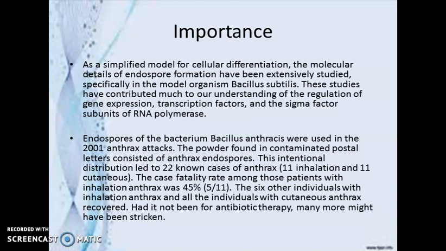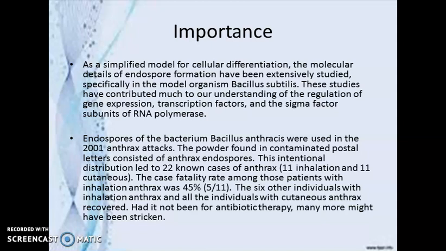So we have studied several different factors for endospore formation as well as germination in Bacillus subtilis. Another importance is that the endospores of the bacterium Bacillus anthracis were used in the 2001 anthrax attacks.